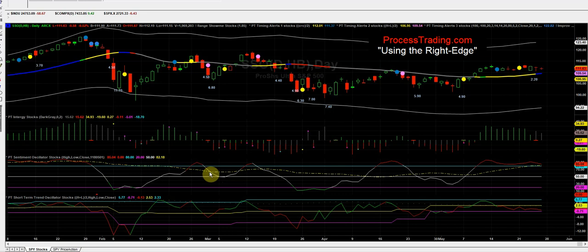Now, when we read the market as a whole, we look at the sentiment line, or again, that's a proxy for conviction. We see it gets down to the midline, but it never breaks below that. So there's still strong sentiment.